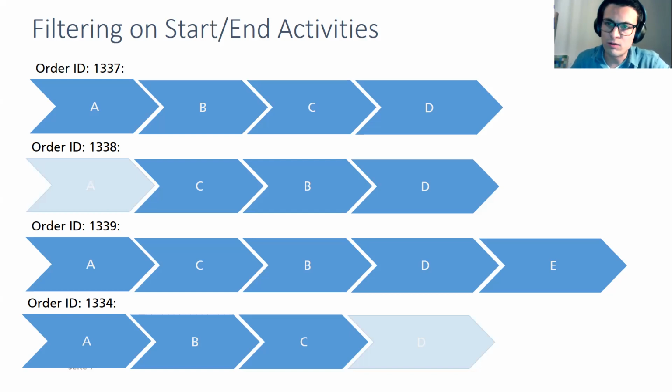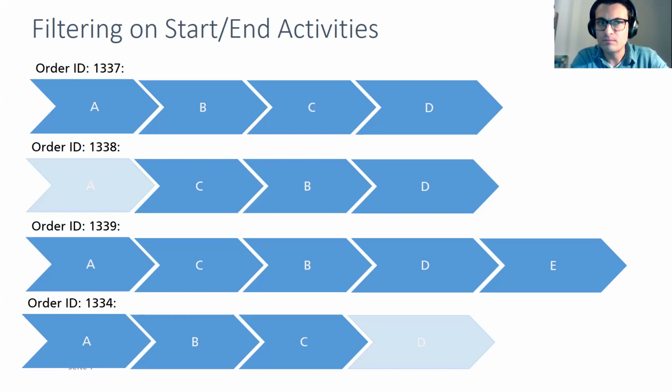And similarly for order 1334 here, it could be that we still need to execute, for whatever reason, activity D, so that might also not be part of our event data. So whereas in the true execution of the process instance for the order with ID 1338, activity A did happen, it's not in our data. And the same holds for order ID 1334, activity D, whatever it might be, it did happen, it's just not recorded in our data.